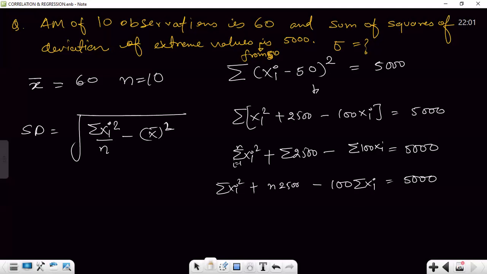Important thing: we have the mean. Mean is sigma xi divided by n, which is 10. Mean is 60, so sigma xi is 60 into 10, which is 600.